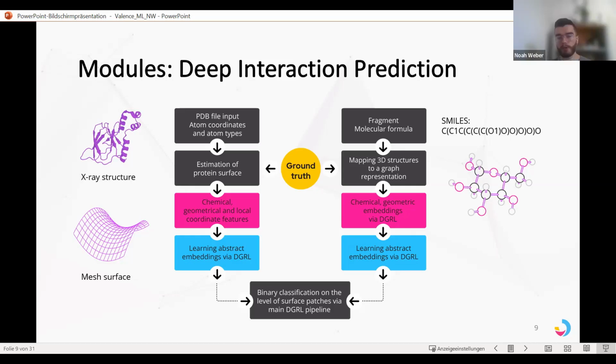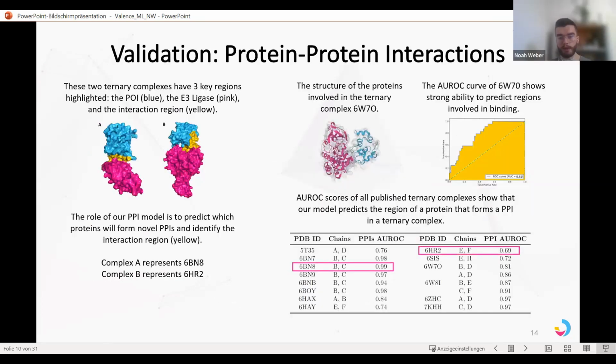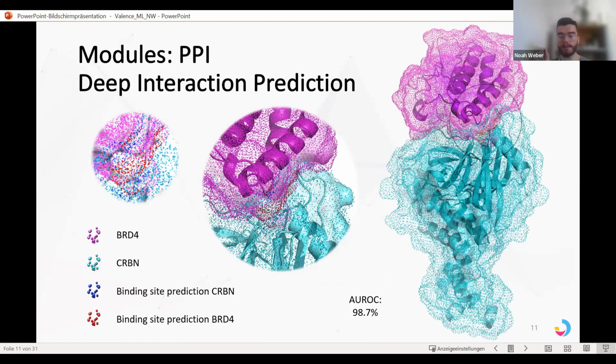Sure. Actually, you're going to see it from a direct prediction here. So here's an exact prediction of protein-protein interaction between BRD4 and cereblon. So BRD4 is the protein of interest, and cereblon is the ligase. And you see here the binding site prediction, so these are the actual inferences, the blue ones, and the binding site prediction for BRD4 are essentially these point clouds or the surface patches of the inference.